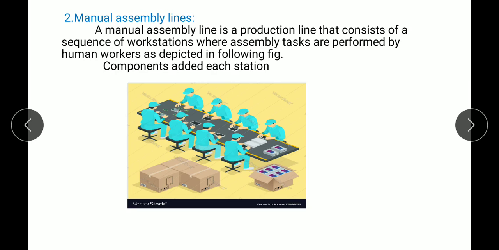For example, if there are 10 workstations, then 10 workers are working at those workstations. The definition: a manual assembly line is a production line that consists of a sequence of workstations where assembly tasks are performed by human workers, as depicted in the following figure. Components are added at each station. With 10 workstations, each workstation has one worker. That is the manual assembly line.